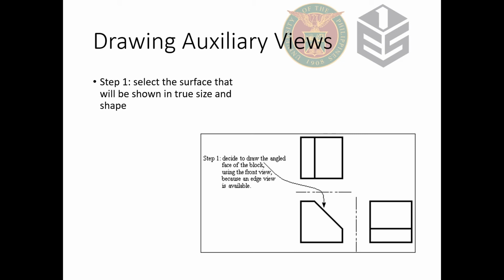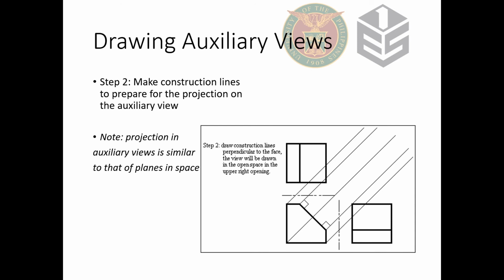So once we have selected that, we make construction lines to prepare for the projection on the auxiliary view. So take note, this is similar to the planes and space projection. It's not like your isometric view, which distorts the object. This one rotates the object.